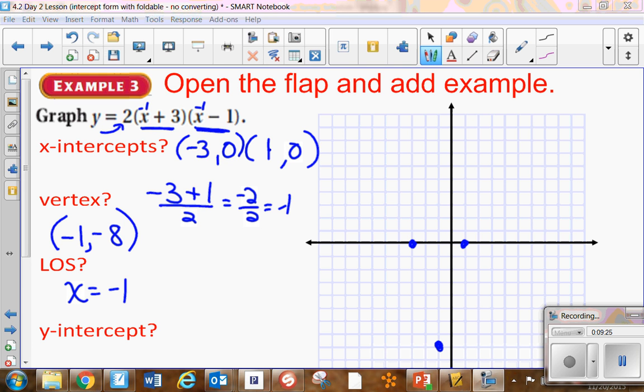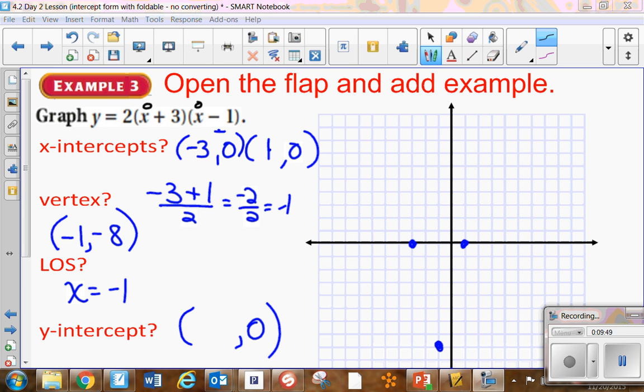Then the last thing, the y-intercept. I'm going to set my x's to 0. Wait a minute, I've already set my x's to 0 right here, haven't I? Oh no, I plugged in ones the last time. My bad. Now I'm plugging in zeros. So I'm plugging 0 in and 0 in.